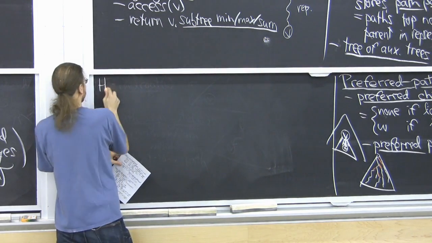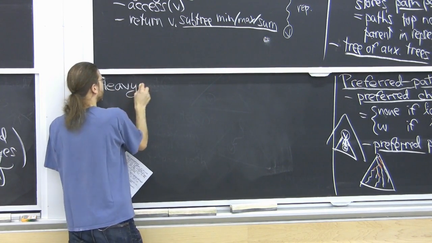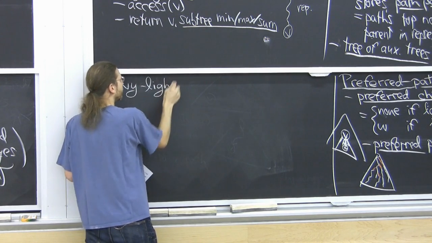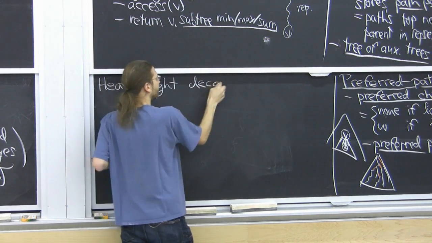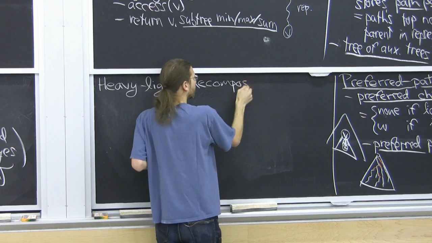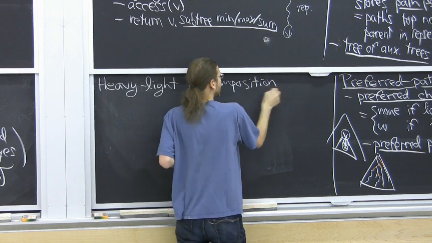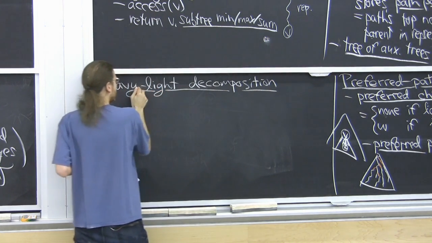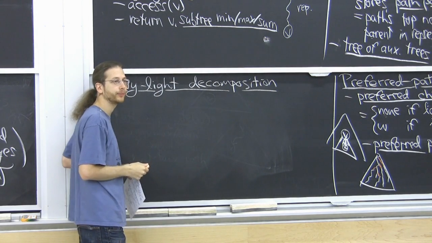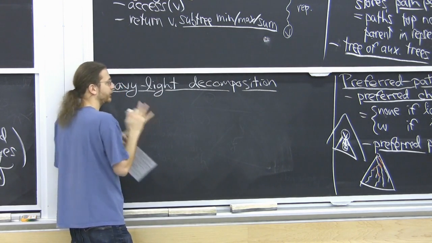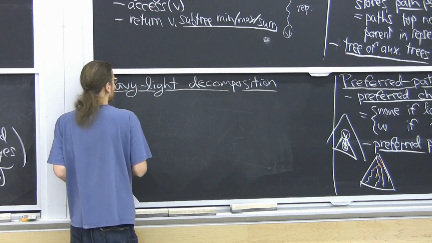Heavy light decomposition is another way to decompose a tree into paths. It's again going to apply to the represented tree, not the tree of auxiliary trees. It's like an intrinsic thing.